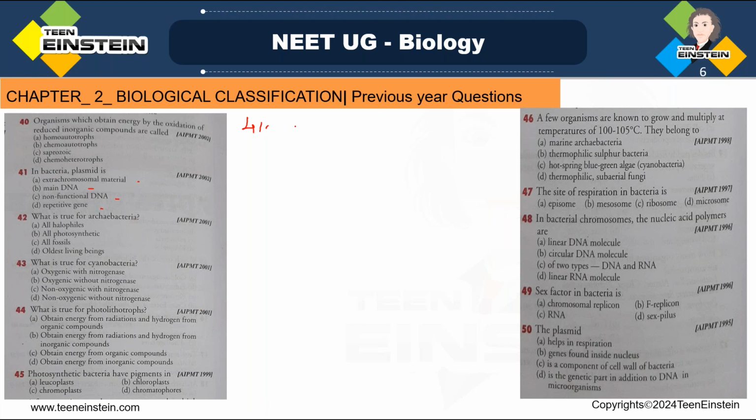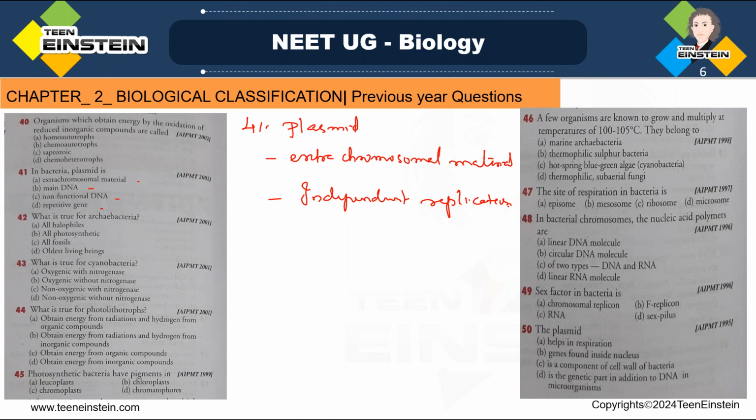Right? What is plasmid? That is extra chromosomal material. In bacteria, plasmid is an extra chromosomal material capable of independent replication. We have learned plasmid is an extra chromosomal material present in bacteria, capable of replicating independently from the main chromosome.